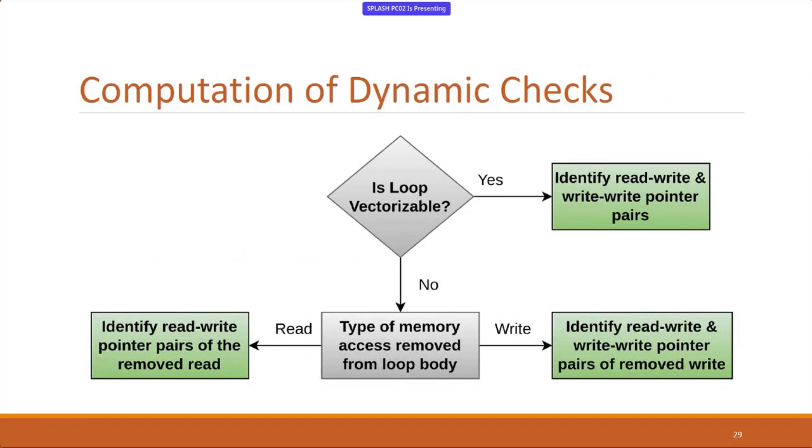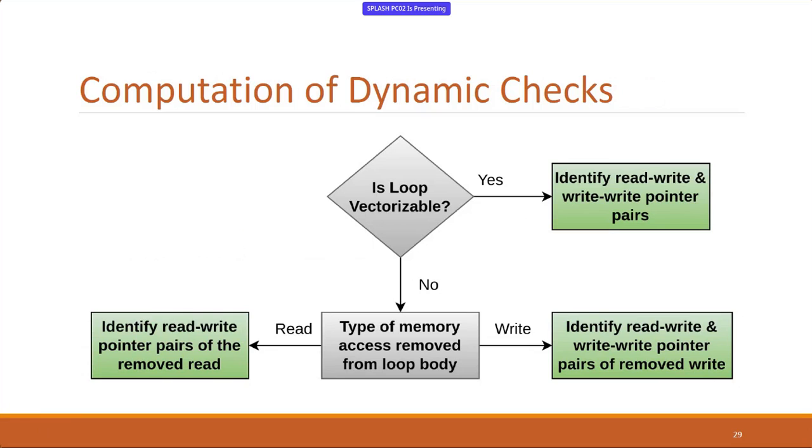Now, if that loop is not vectorizable, it is still possible that the loop can be optimized by removing some read or write memory access from the body of the loop. If a read is removed, then we need to ensure that that specific read is never updated inside the loop body. So we add the dynamic checks between the read-write pointer pairs corresponding to the removed read.